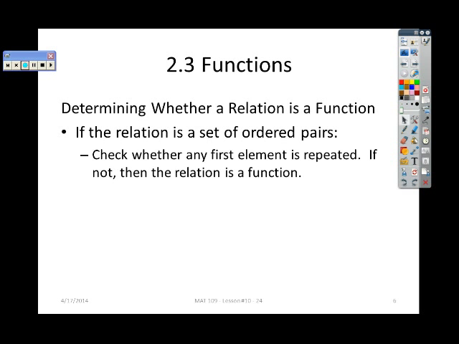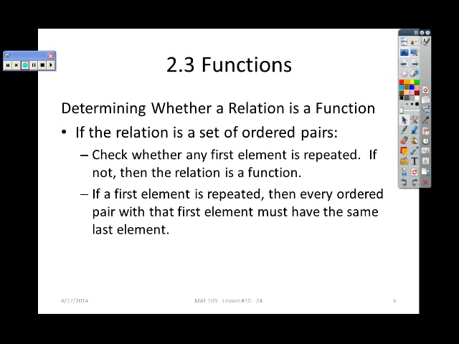So if you have this set of ordered pairs, which forms a relation, the way to check that type of relation is to look at your first elements. Look at every first element in the pairs. Does anything repeat? If nothing repeats, then it's a function. But you have to do a second test. What if they do repeat? If they don't repeat, it's a function, you're finished.